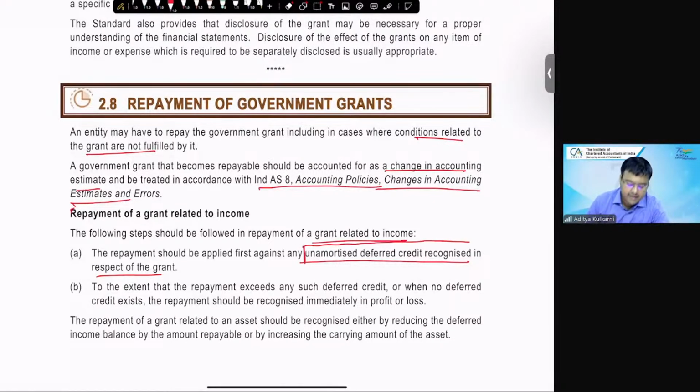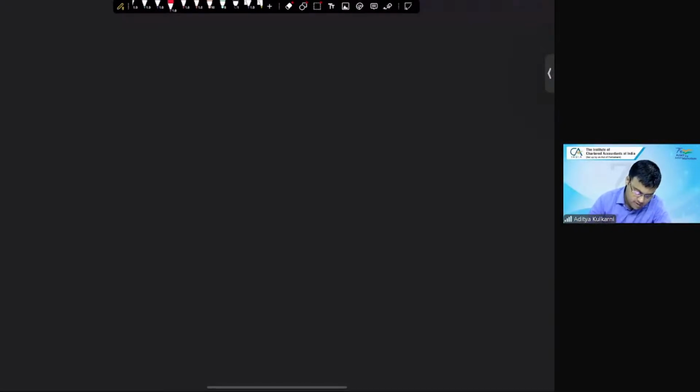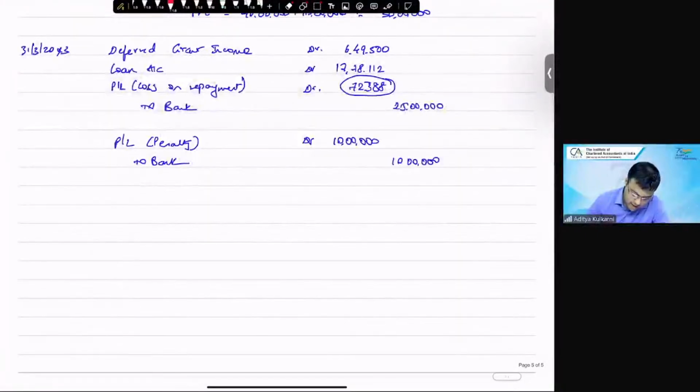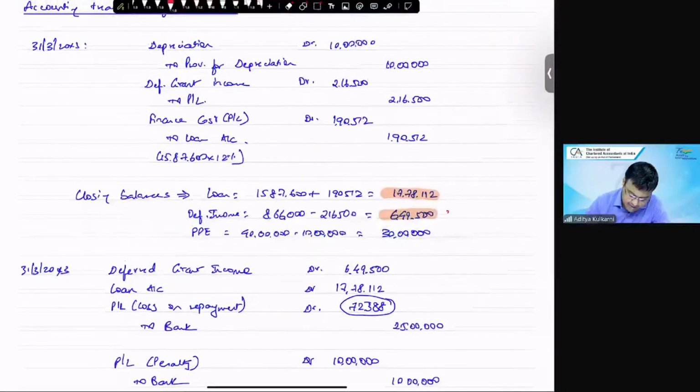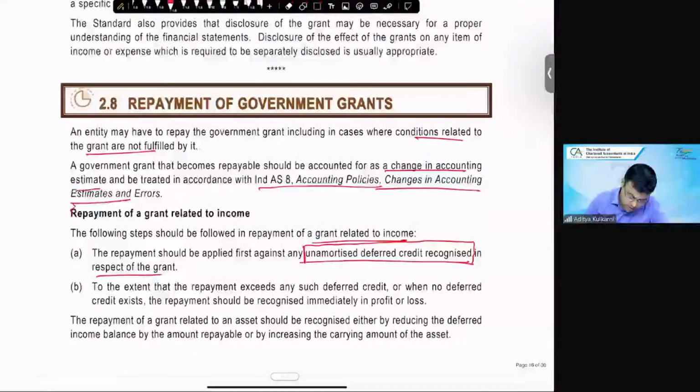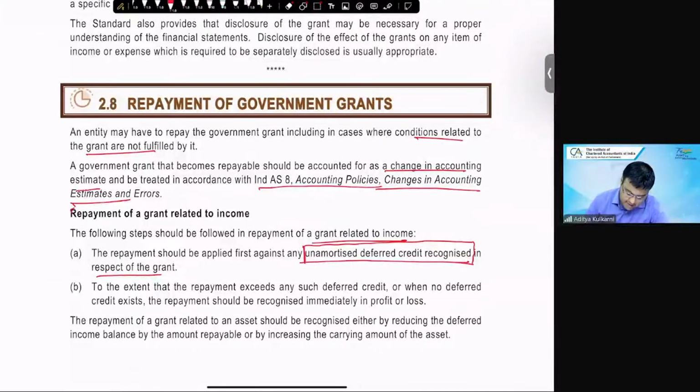Unamortized deferred credit. Look at my question. Unamortized deferred credit is 6,49,500. Yes or no? Yes, sir. So first I am applying to that 6,49,000. Next one is, to the extent the repayment exceeds such deferred credit, or when no deferred credit exists, the repayment is to be recognized immediately in profit or loss.